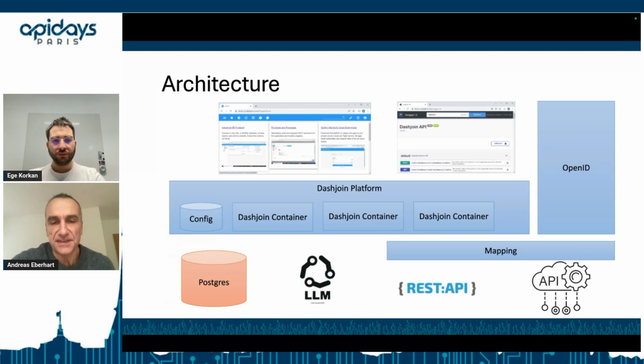The system itself is built on the platform, which is a horizontal scale-out platform using these dash-join containers. And the actual app, which is the Web of Things manager, is developed on GitHub. We'll have a look at the repository later. And from there, it's cloned into the config database.